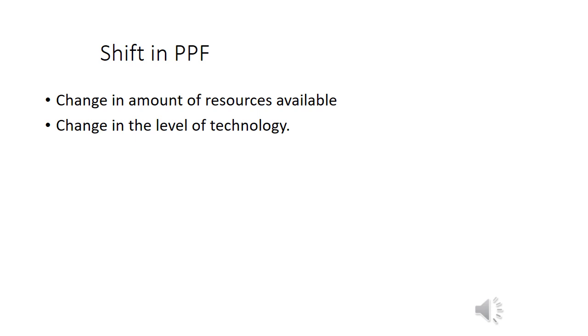Now, a change in the level of technology can also cause the maximum extent to change. For instance, the population could now be using a lot of computers, or technology, and they can produce much more than using a non-digital way of production. So the level of technology and the amount of resources can change the maximum extent of production of the two goods that's reflected by the PPF. So the PPF can shift according to these two factors.